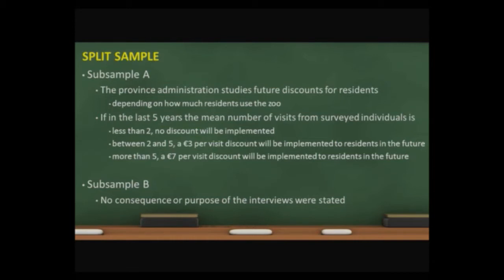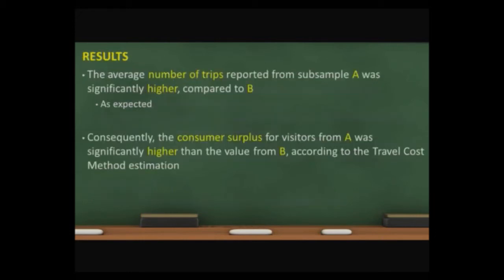So what do you think would be the outcome in the number of trips over the last 5 years between A and B? As you would probably expect, the average number of trips for those from A, randomly assigned, was significantly higher than for those from B. Especially in the less than 2 category, only 1 trip, it was dramatic: something like 7% versus 22% or 24%.